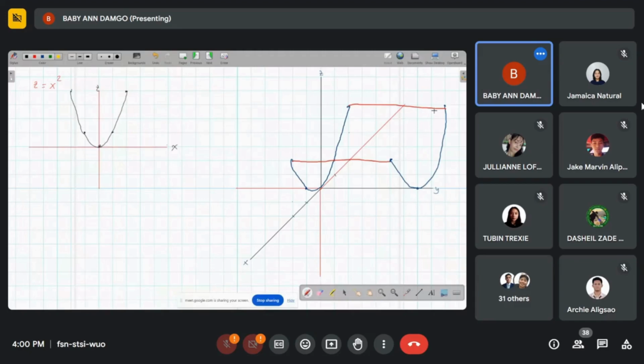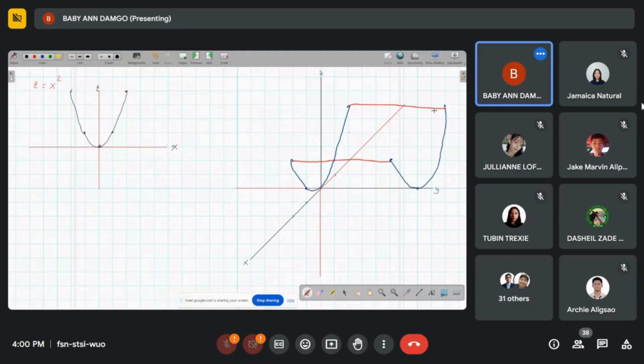So for Y, so ang kani, nag-represent na siya sa vertices, no? So pwede na to i-write as 4 square. So we have 1, 2, 3, 4. And then 1, 2, 3, 4. So we have this point as our vertex for Y. And then sa Z, so this is 2.